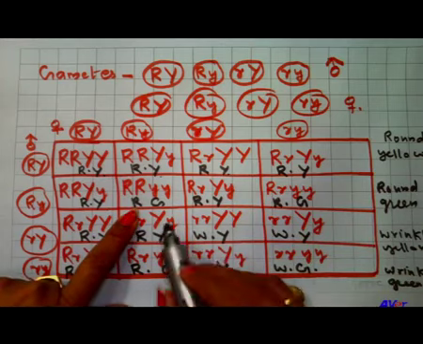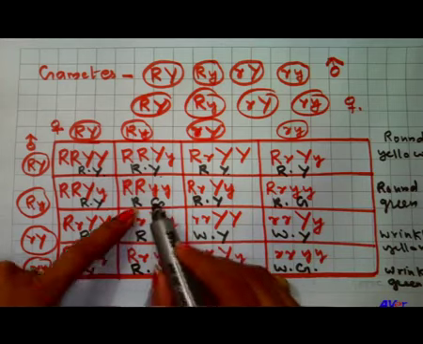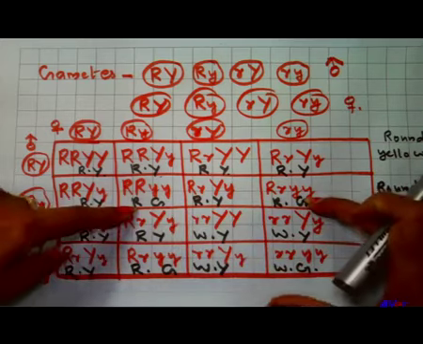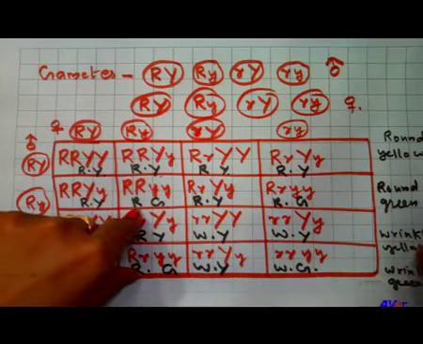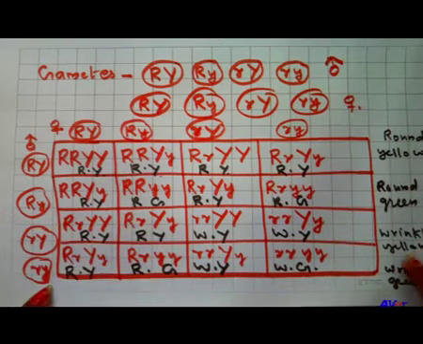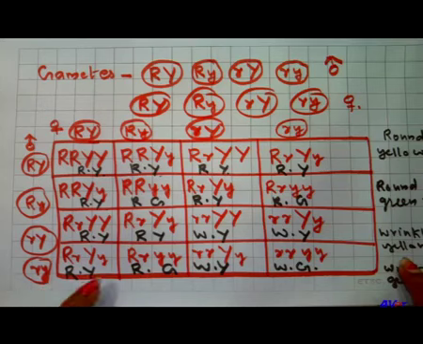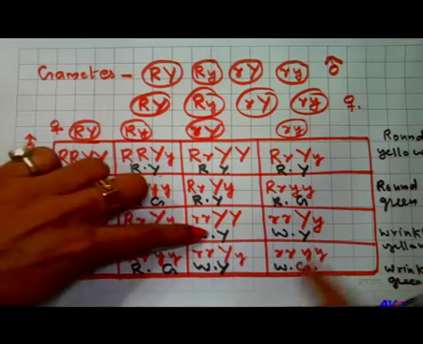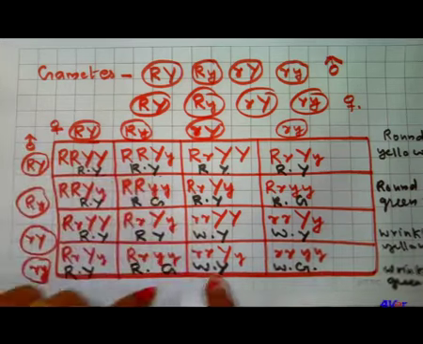Now, coming to round green, 1, 2 and 3. So, round green is equal to 3. Now, coming to wrinkled yellow, 1, 2 and 3.